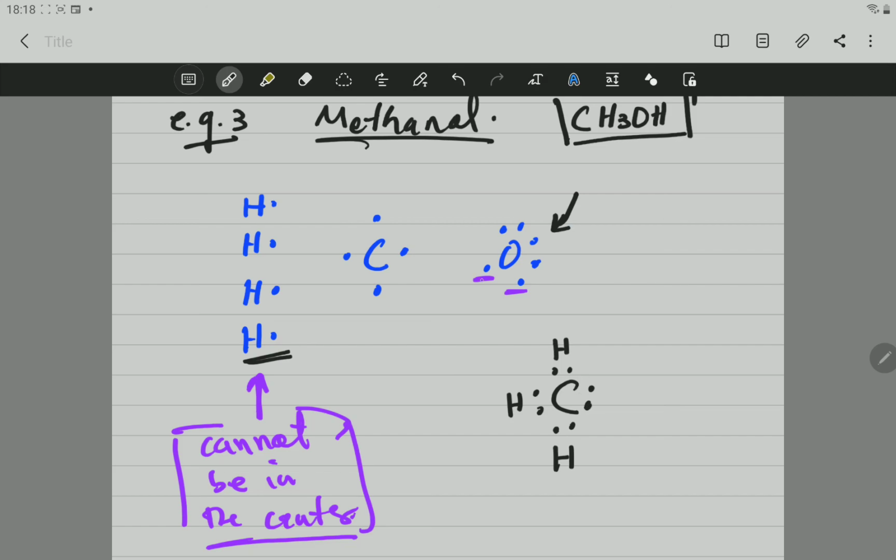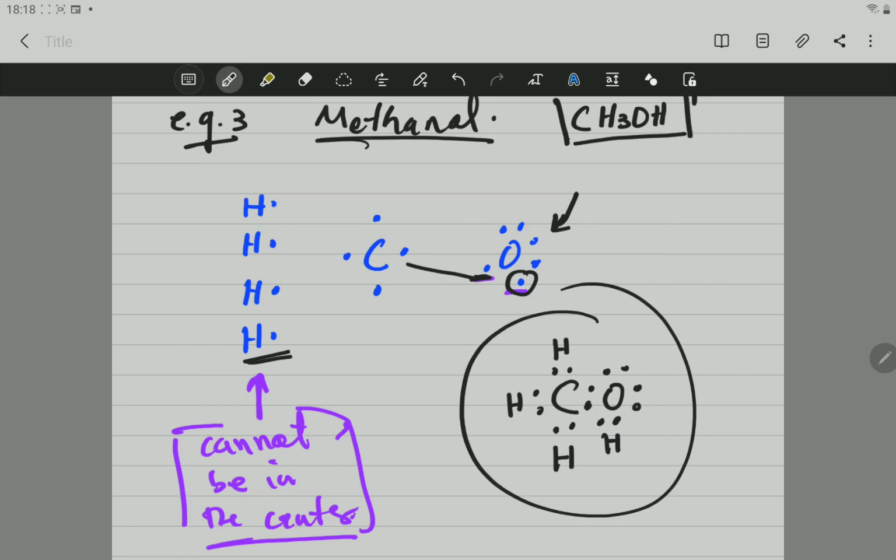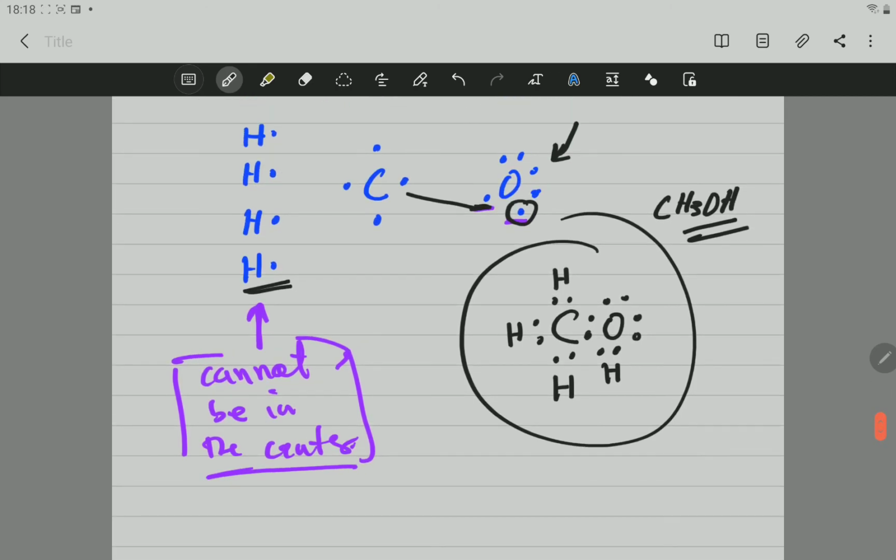I'm going to place the oxygen to share with one of the atoms. So this will be oxygen, but I still have 1 unpaired electron for oxygen. There I'm going to share the last electron. So this here is the molecule of methanol, CH3OH.